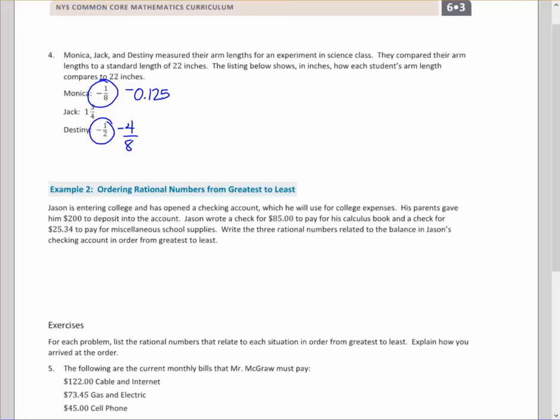So 1/2, we know another way of saying that is negative 0.5, or 5/10. So it's easy to compare then, right? You've got to make sure you set yourself up for success here. All right, so we want the shortest little arms, right? The shortest little arms would be Little Miss Destiny, right? So she is the littlest armed of her friends.